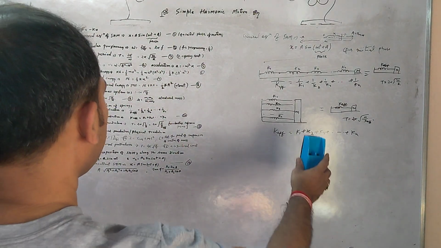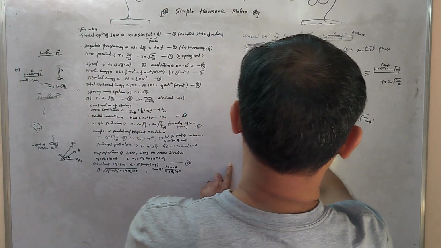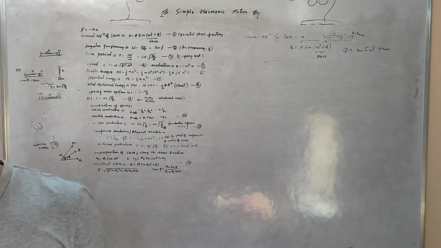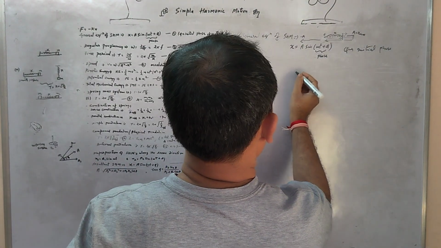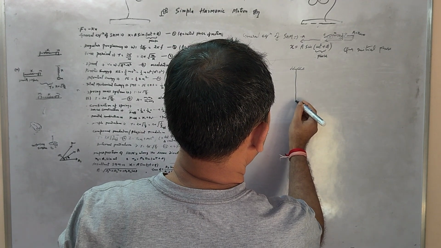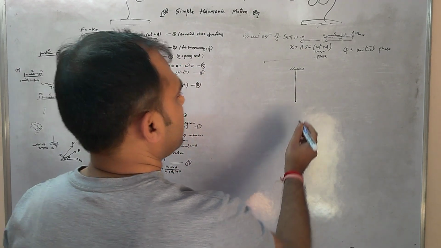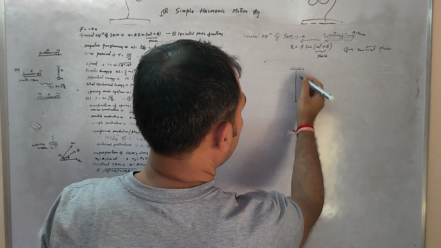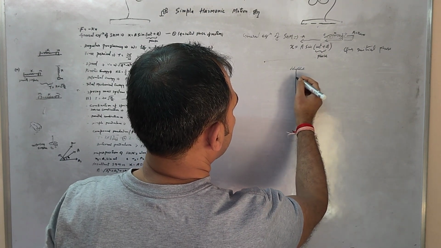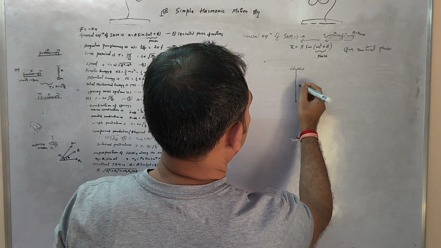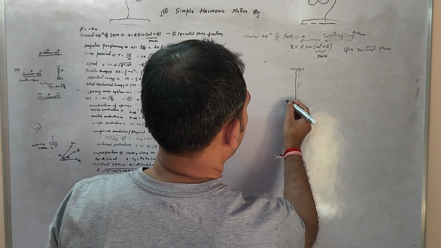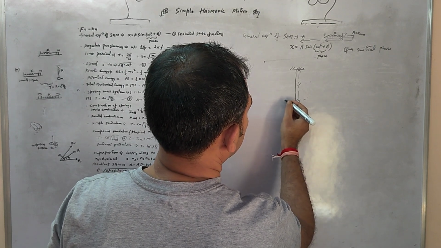Now, simple pendulum. What is a pendulum? You know, this is a small particle or body that is connected with a string or cord of length L, a simple pendulum, and this is oscillating like this.